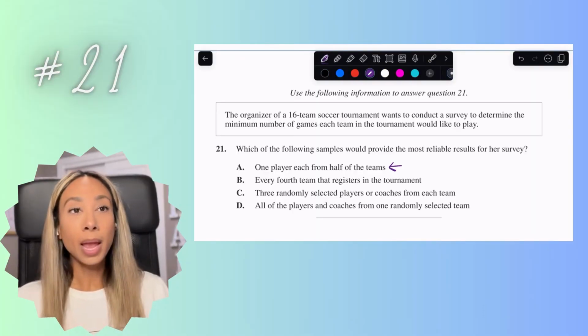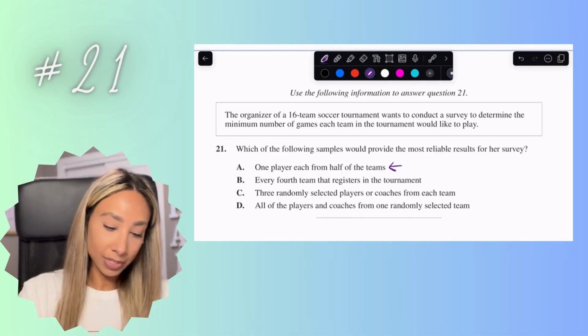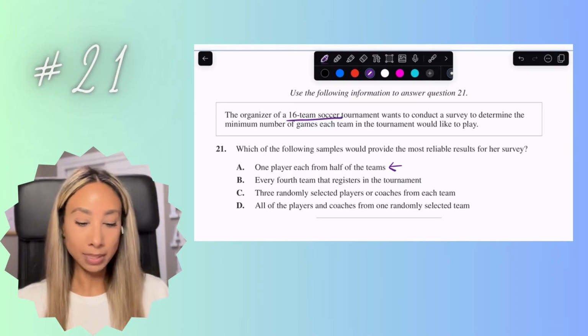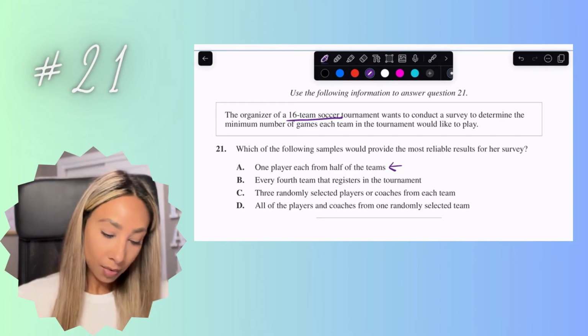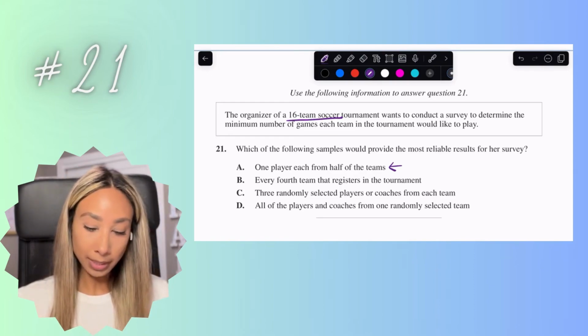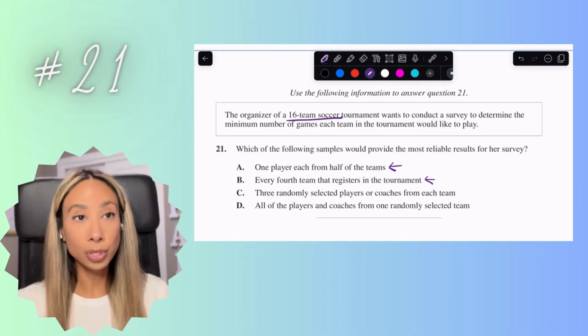For B, every fourth team that registers in the tournament. Well, if there's 16 teams and we're looking at every fourth, we're then going to be excluding quite a bit of that sample population. That's not going to work. For C, 3 randomly selected players or coaches from each of the teams. So that might be good because we're getting randomly selected players or coaches from each team. They're random.